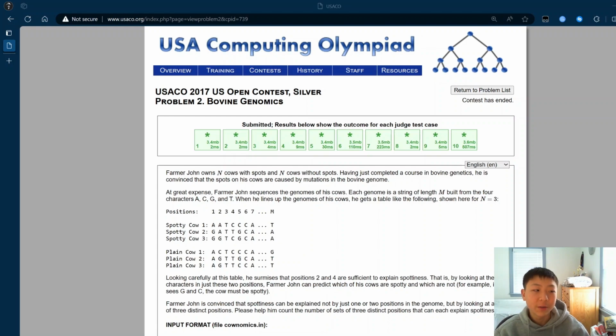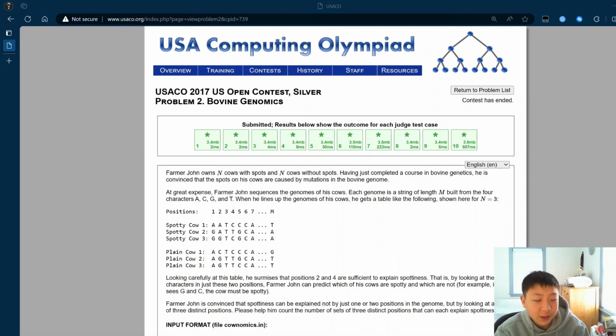And we're given for each of the cows a genome that is a string of length M. And our job is to find 3 indexes in these genomes that we can correctly identify if a cow is spotty or if the cow is plain just by looking at those 3 indexes. Our job is going to find how many possible combinations of indexes there are in the given input.